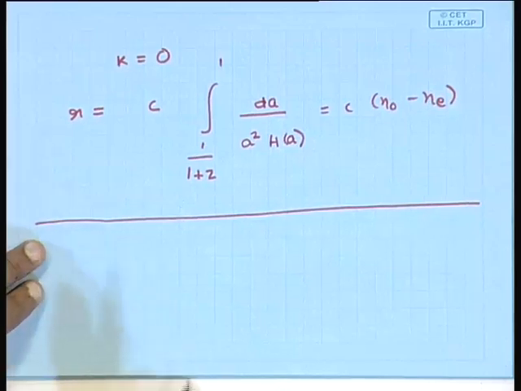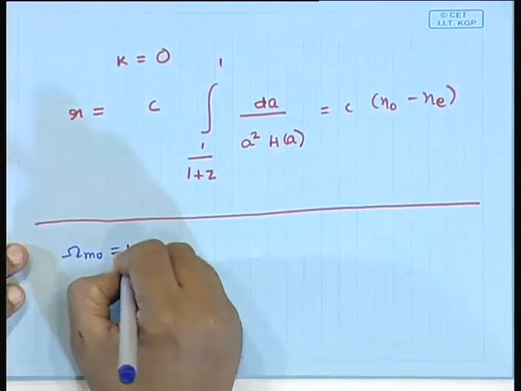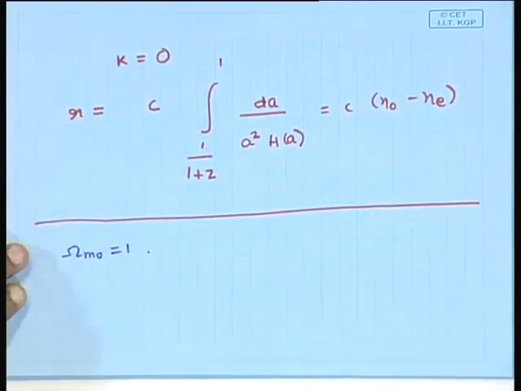Let us take a model where there is only matter, omega matter is 1. There is no curvature, no cosmological constant or radiation, etc.